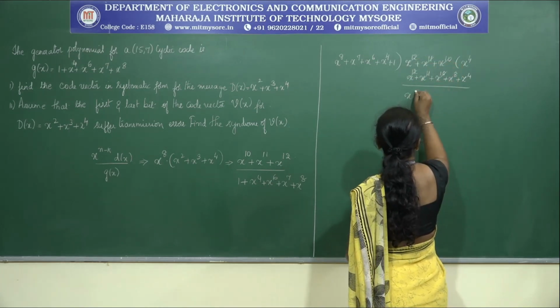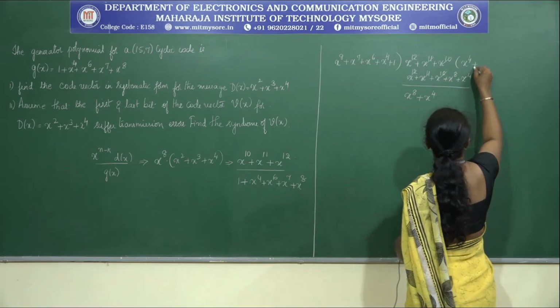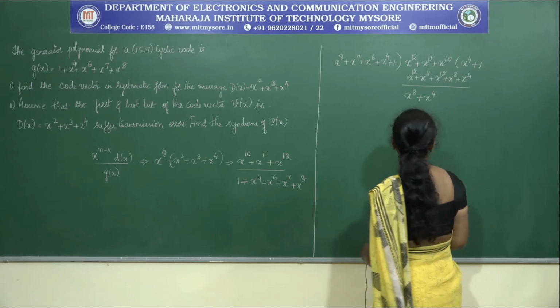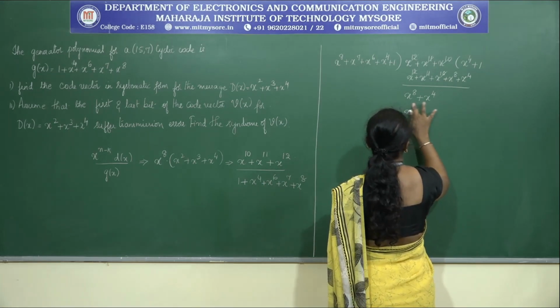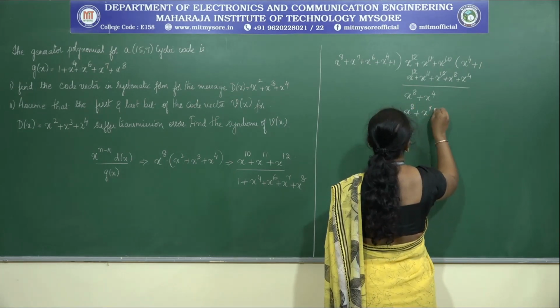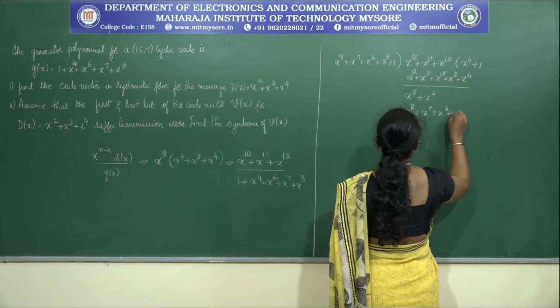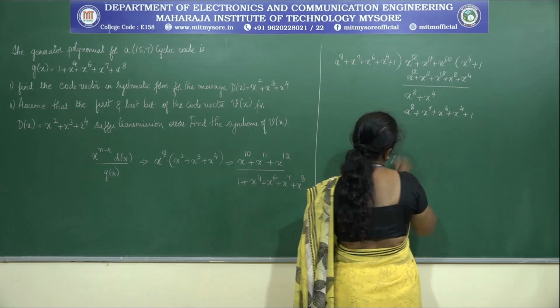So we are left with x power 8 plus x to the power of 4 plus 1. So it will be x to the power of 8, sorry, x to the power of 8, x power 7, 6, 4 plus 1.